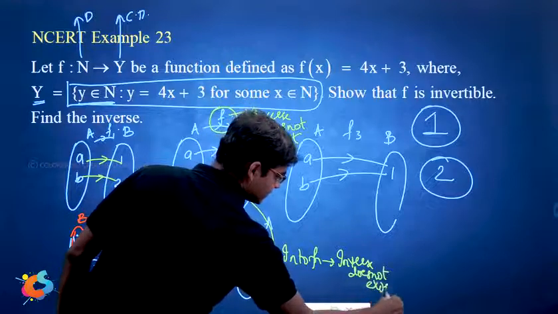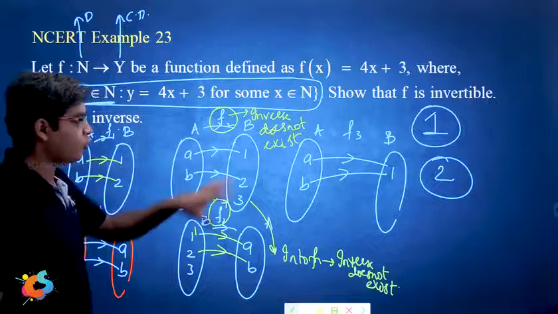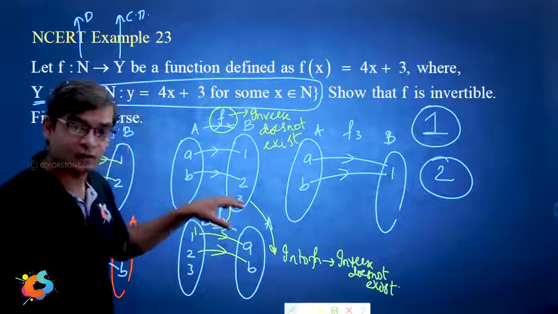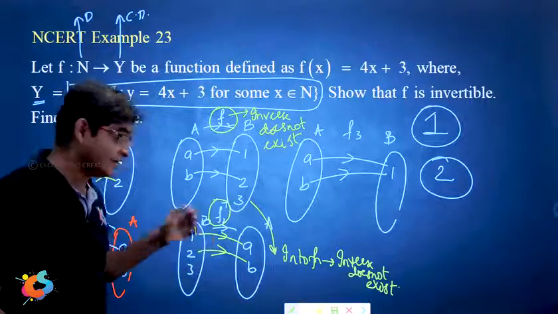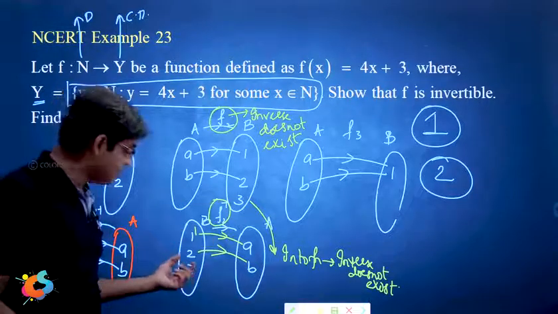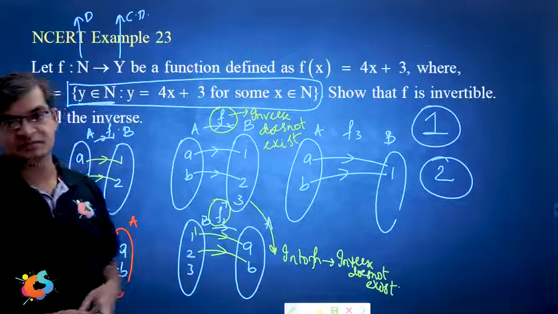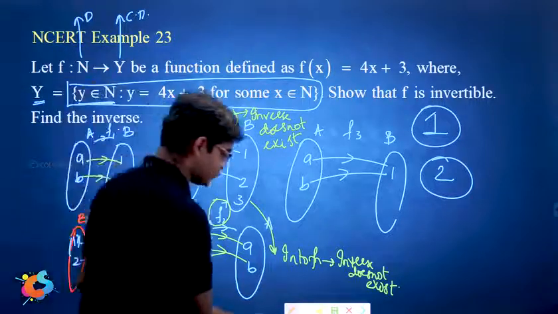Inverse does not exist. Simple. Why? Because codomain will not be equal to range and means there are some elements left over here. Means when you take the inverse function, this element will not have any mapping. So therefore, this will not be a function. Okay, fine. Let us go to the next one.